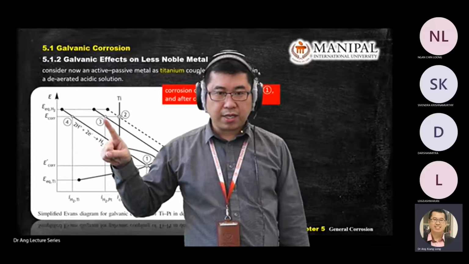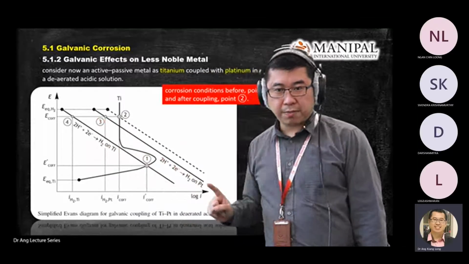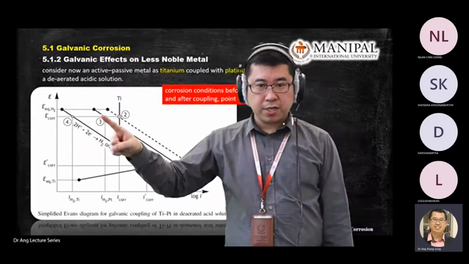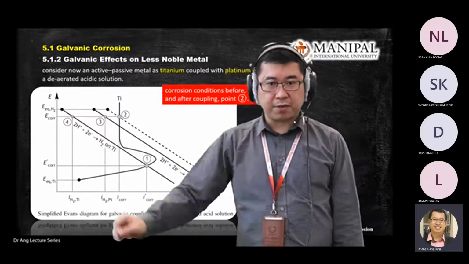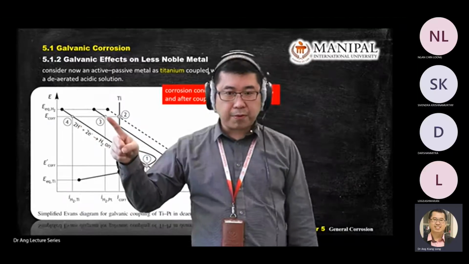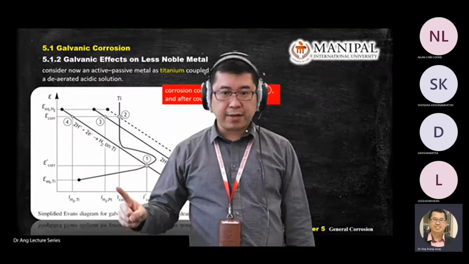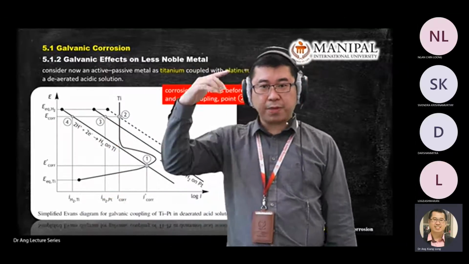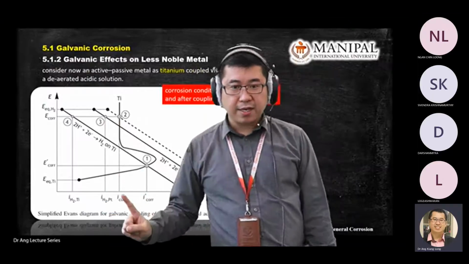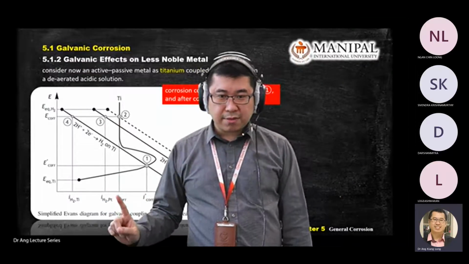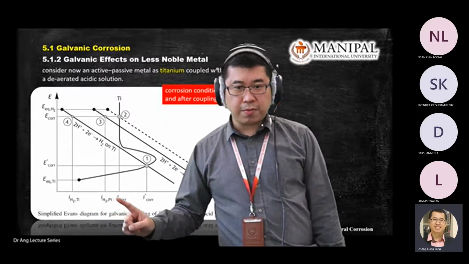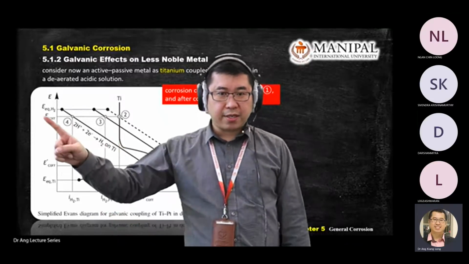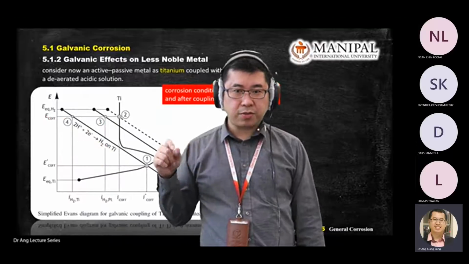It will intersect with your platinum, which is a higher nobility metal, and the zinc itself. The titanium itself. So what is important for point 3, you expand down, you can find higher nobility, you can always find the density current, I H2 Pt, at the same value of potential.